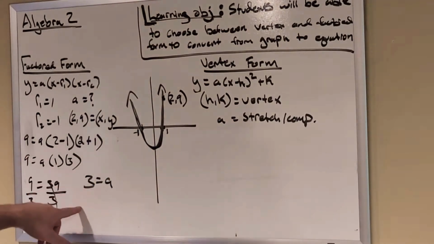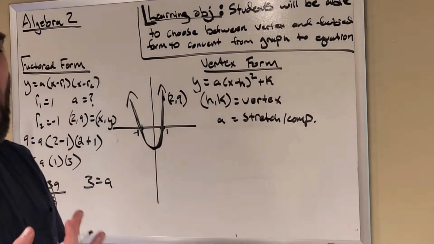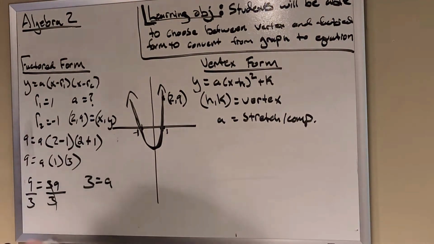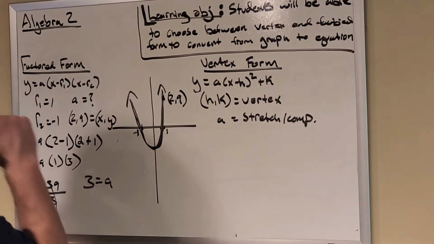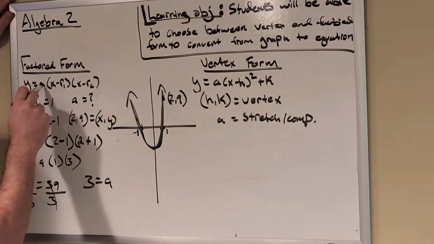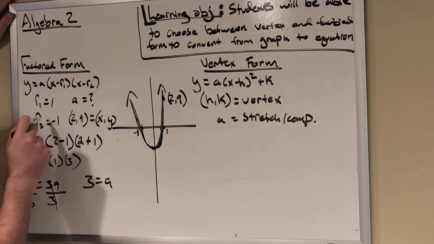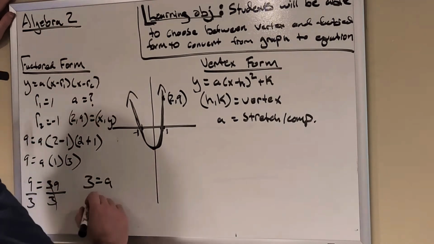All right, great. I know what my a value is. I have my root 1, root 2. Now I'm just going to finish it off by putting that there so I know what the equation looks like. So right here, I replace a with 3, and I replace R1 with 1 and R2 with -1.